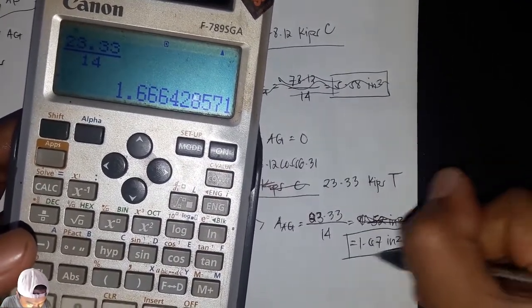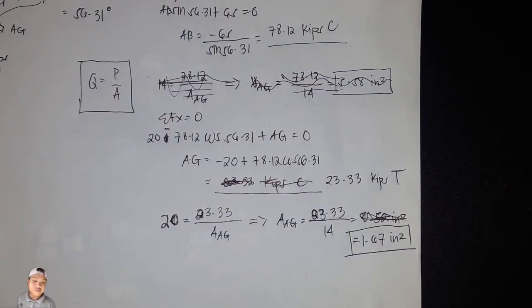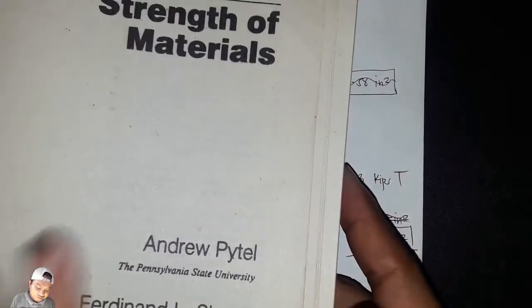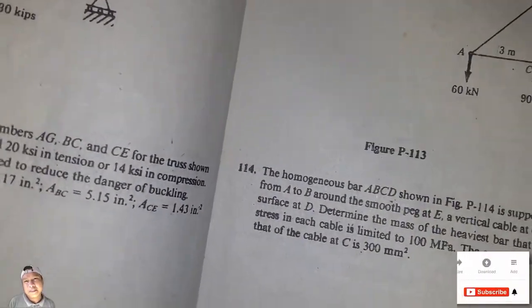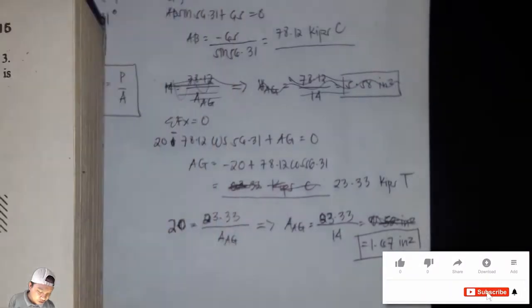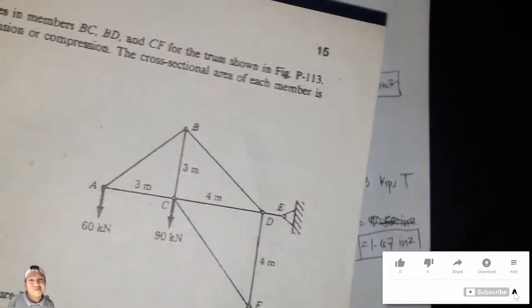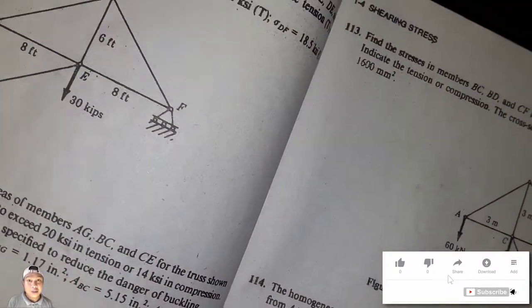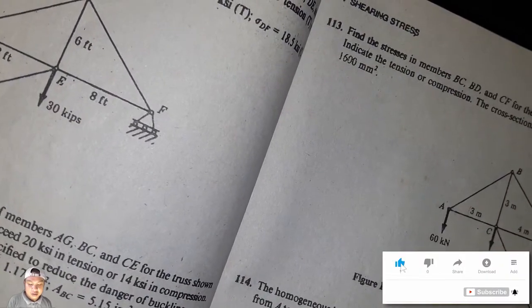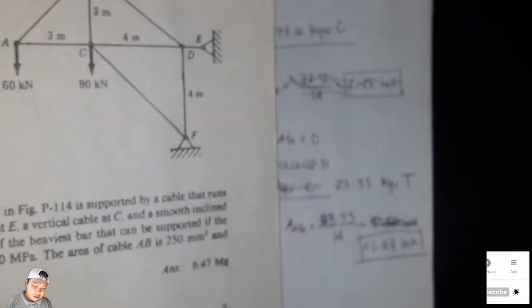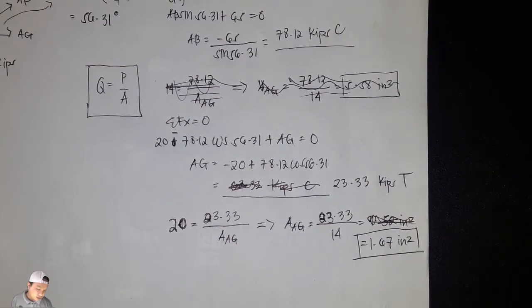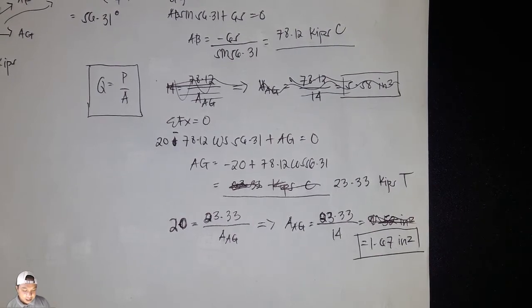Sana tama na to. So sa book is 1.17 and 1.67. Medyo acceptable na siya, medyo 0.50 na difference, guys. So, yan.